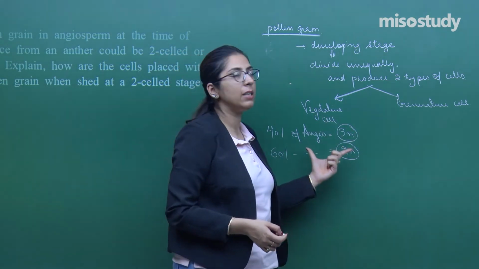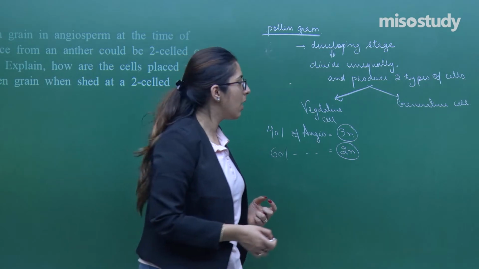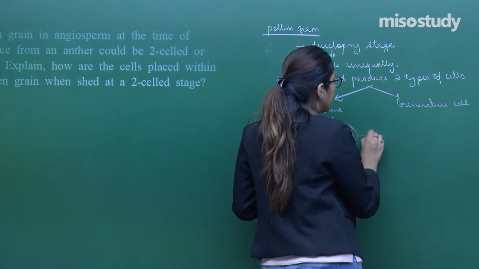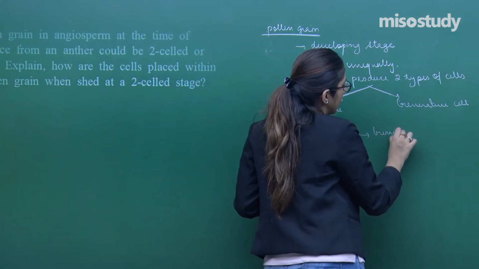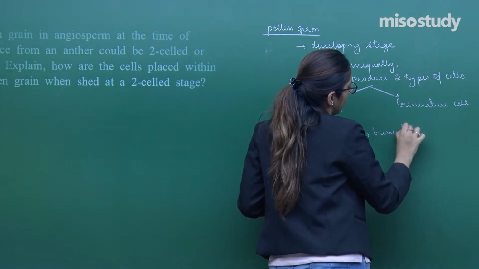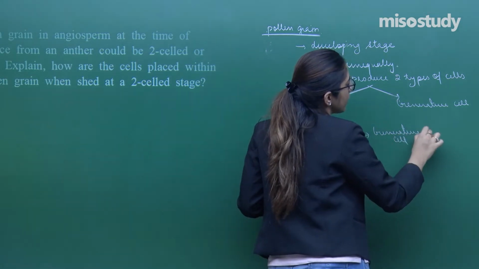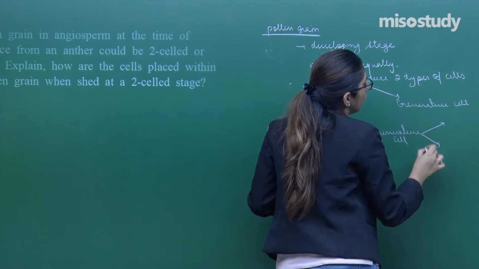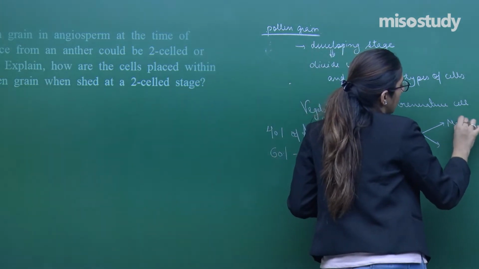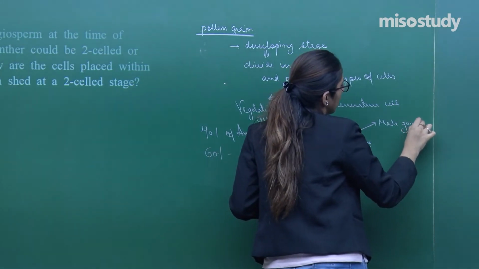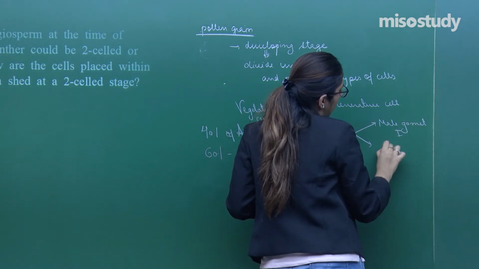Now, what happens in these 40% where the 3N condition is produced? In this case, the generative cell further divides into two male gametes, male gamete 1 and male gamete 2.